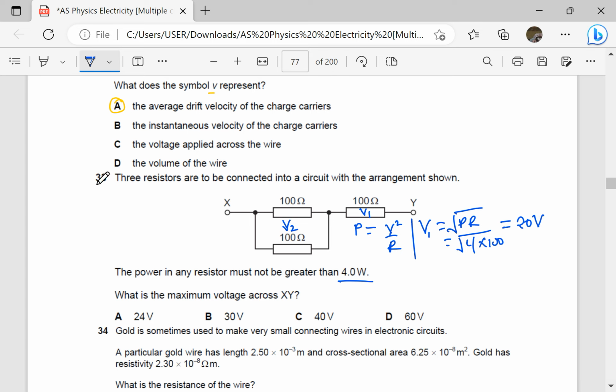So that is the PD across the 100 ohms. Then let's find the PD across this one here.